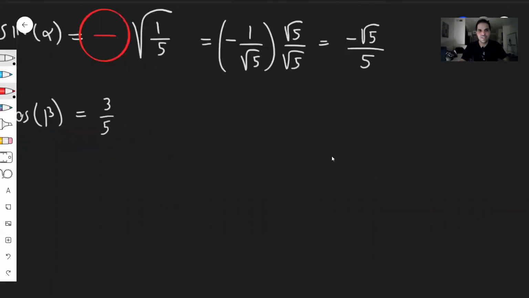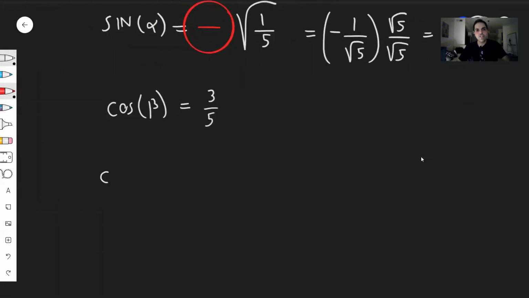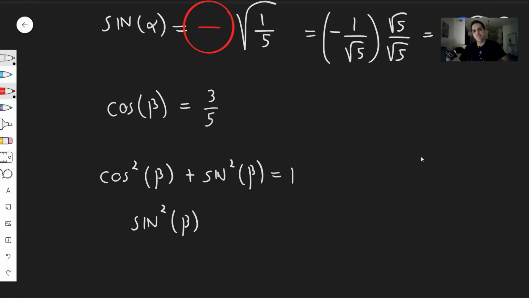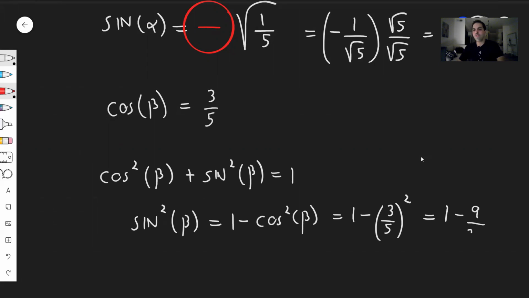Now, let's just use cosine squared plus sine squared equals 1. So again, sine squared is 1 minus cosine squared. And that becomes 1 minus 3/5 squared. And that's 1 minus 9 over 25.